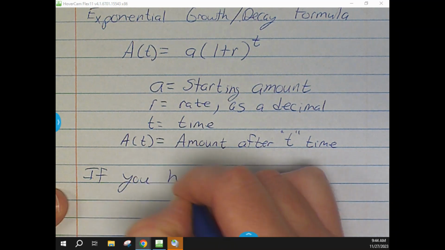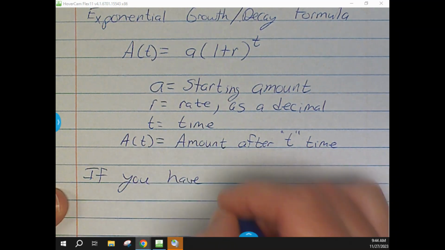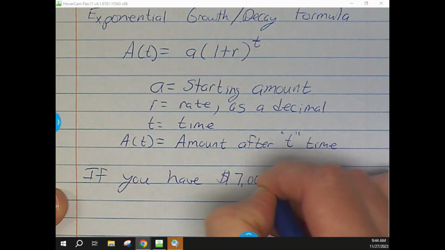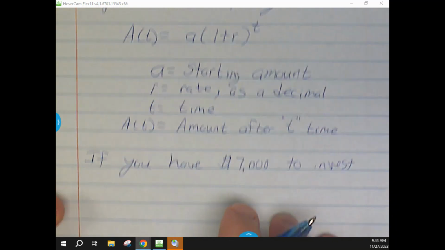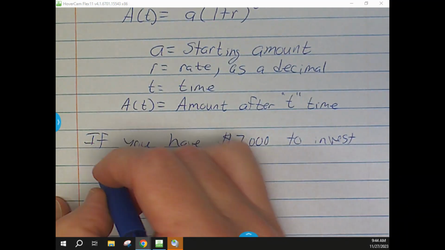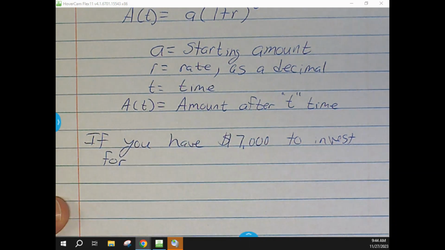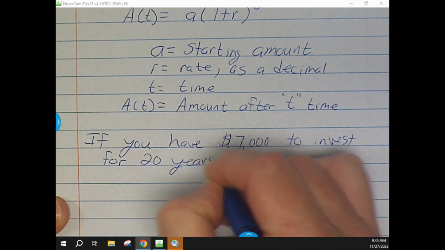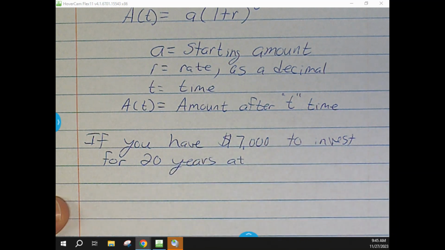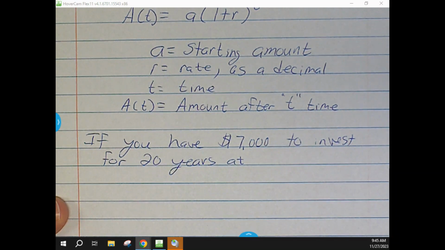So let's say you have $7,000 to invest for, I don't know, 20 years. Maybe somebody left you a trust fund and they're saying, all right, we're going to make it sit for 20 years. Maybe it was a grandparent, uncle, aunt, somebody in the family that said, all right, we're going to give you some money when you're born, but it's got to sit there for 20 years so that you can't touch it till you turn 20.